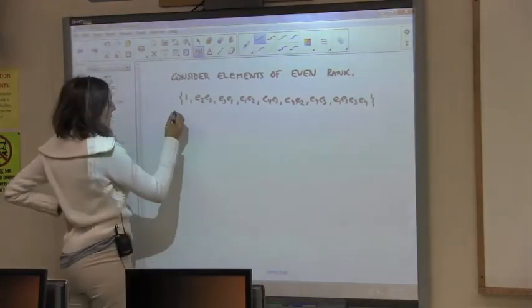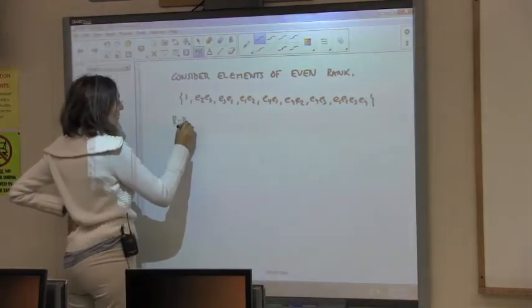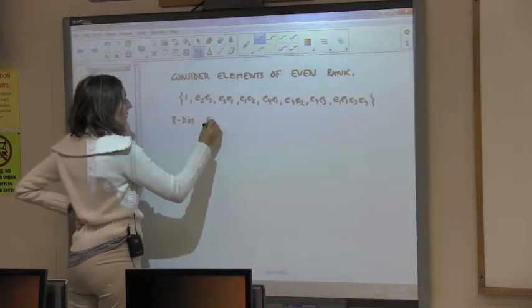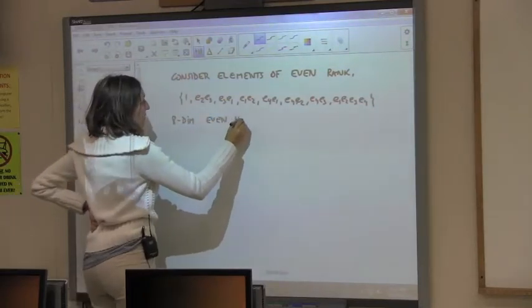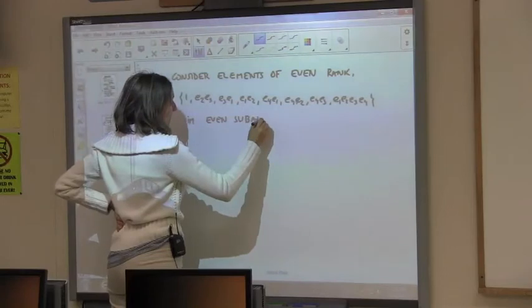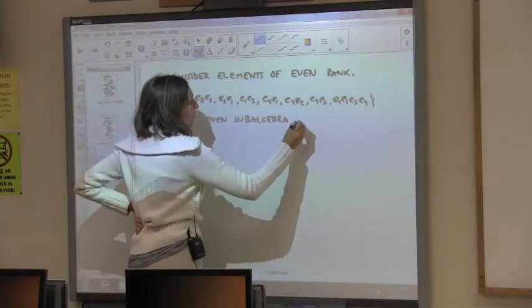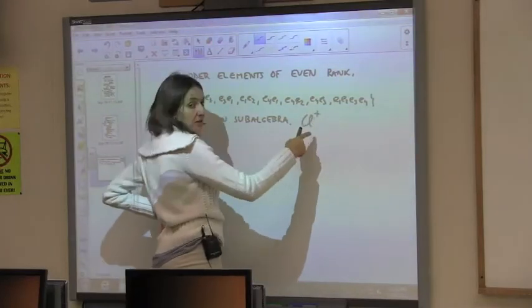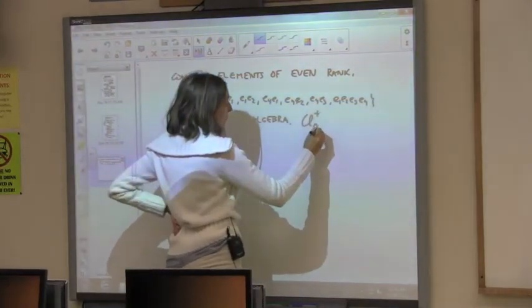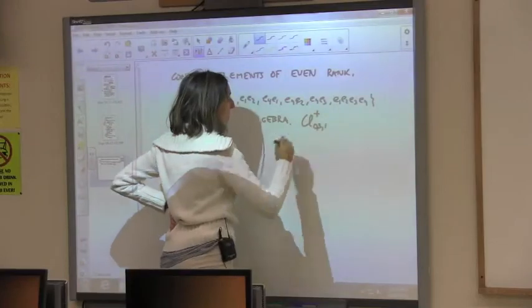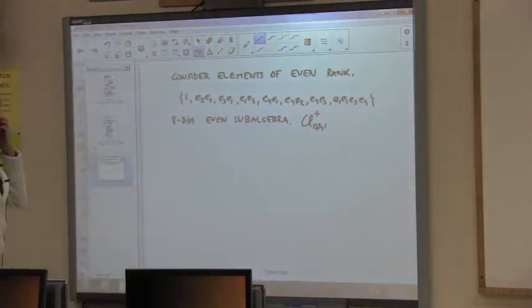So this is the 8-dimensional even subalgebra. So we call this CL plus, that means even elements, 0, 3, 1. So it's half of the algebra.